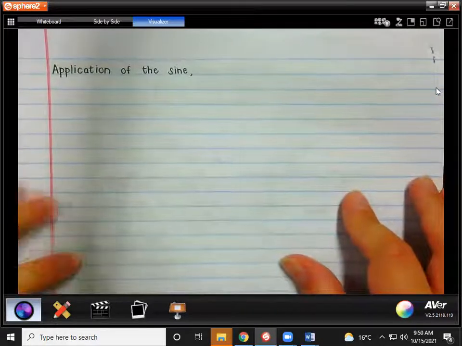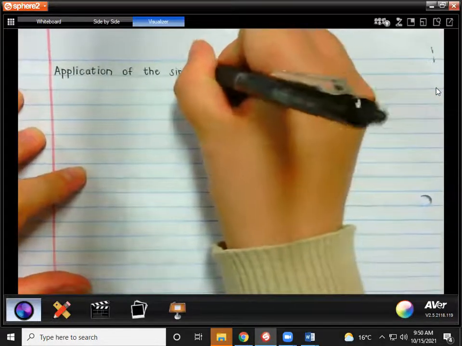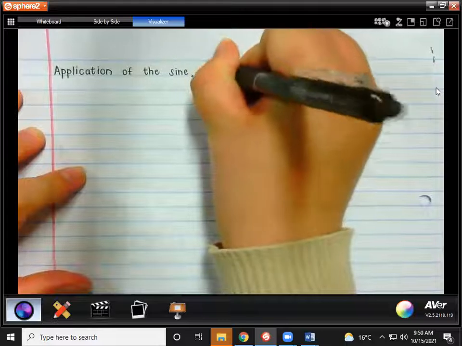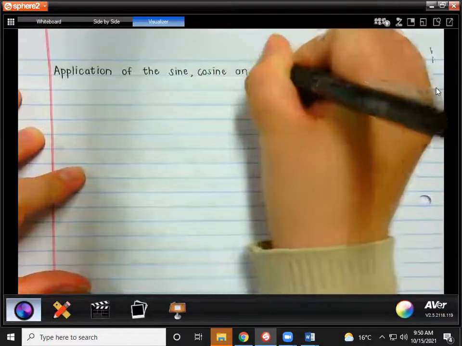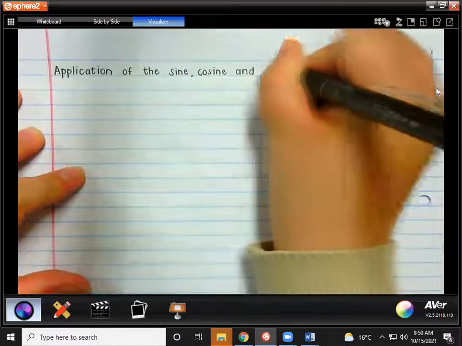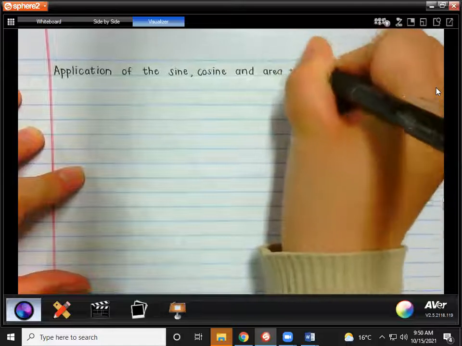Application of the sine, cosine, and area rules. It's fine if you just wrote cos, but I'm going to write cosine. Sorry, I did say cos, so it's fine, don't worry.